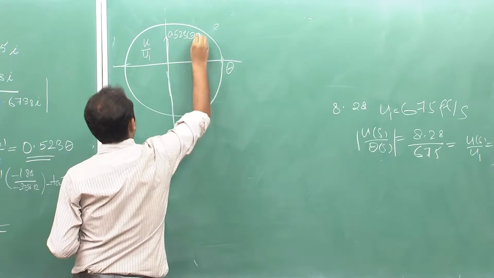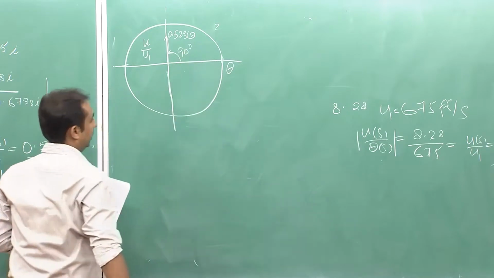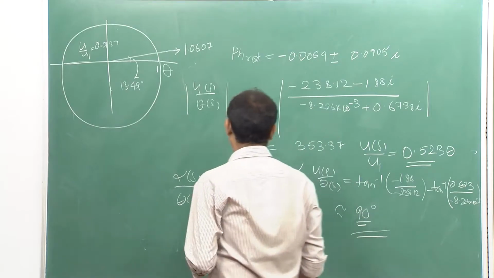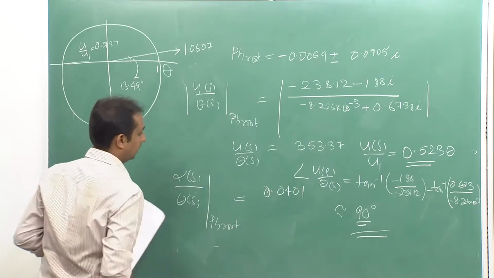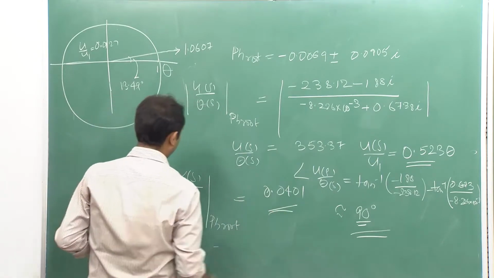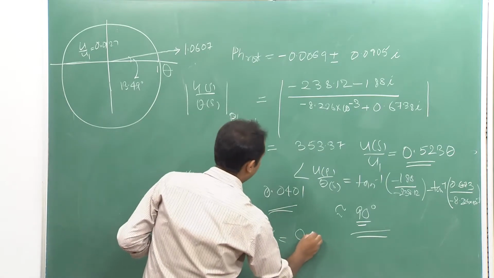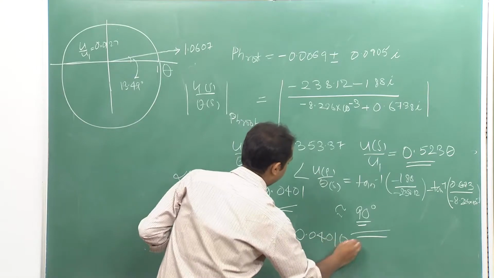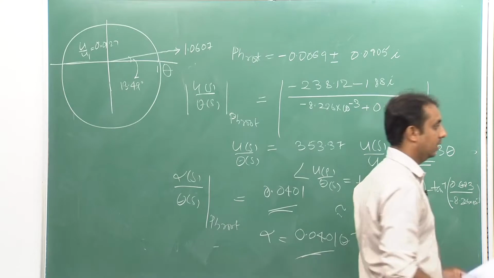And as you can see, the value of alpha in this case, alpha in terms of theta, will be 0.0412 theta, which is very small, so you can neglect that.